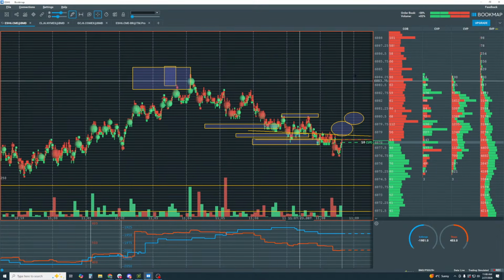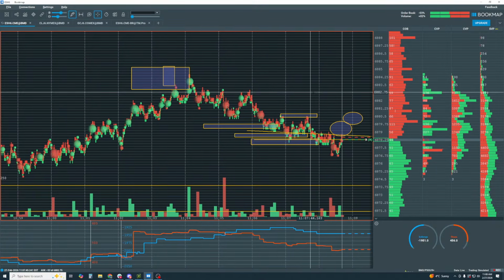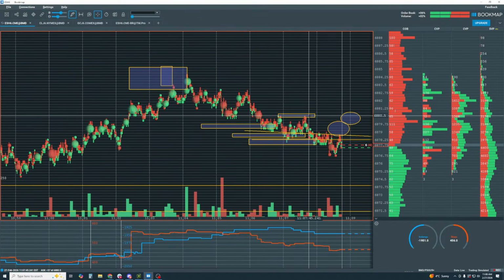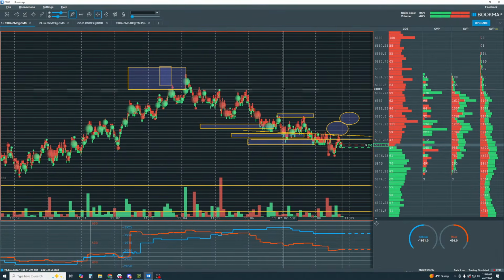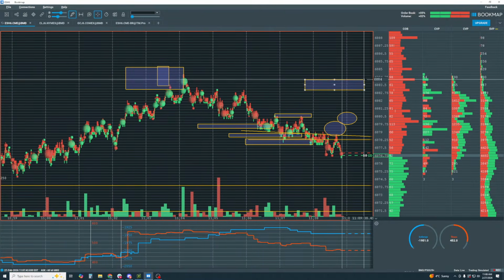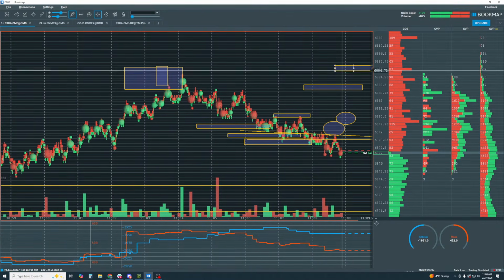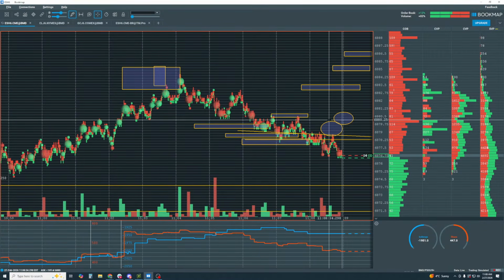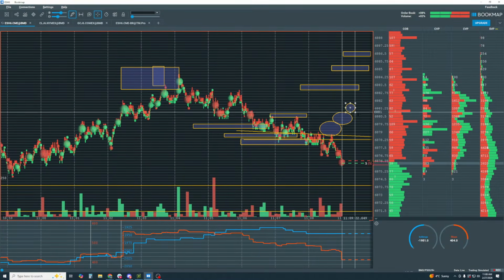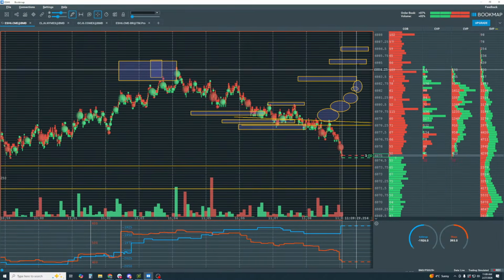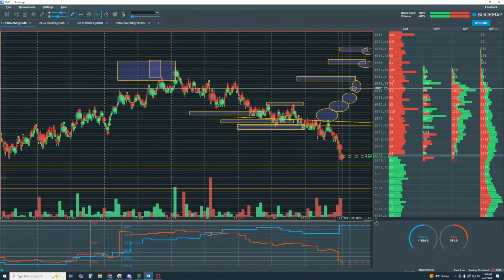Well then we start to look for them to break the structure here and trade back up to other structural areas. But we're also targeting high liquidity on the offer where the sellers are. So this is how we see a reversal. We start to see aggressive buyers come back up and transact with the passive sellers.